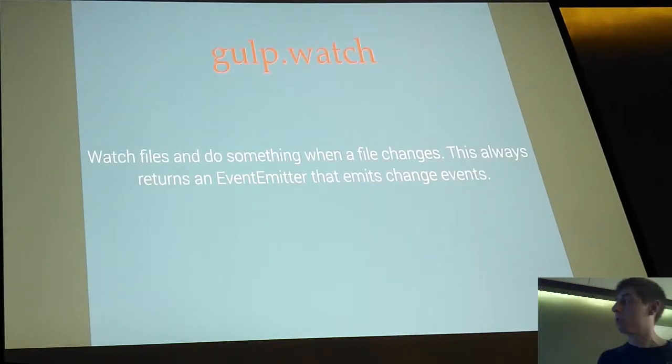The watch API method will watch your files. It's an event emitter, so it'll actually emit an event whenever a file changes, so that other things that are listening to this event can react to that and do things. So you can get things like live reload going.